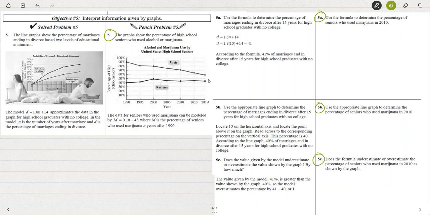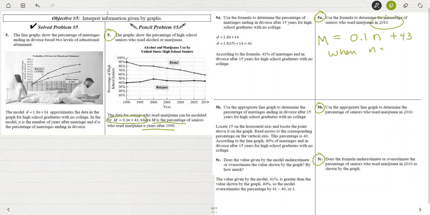The data for seniors who use marijuana can be modeled by M equals 1/10 times N plus 43, where M is the percentage of seniors who use marijuana N years after 1990. So use this formula to determine the percentage of seniors who used marijuana in 2010. So M is 1/10 of N plus 43.